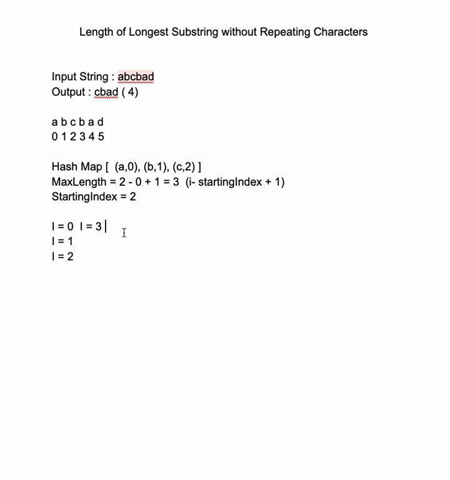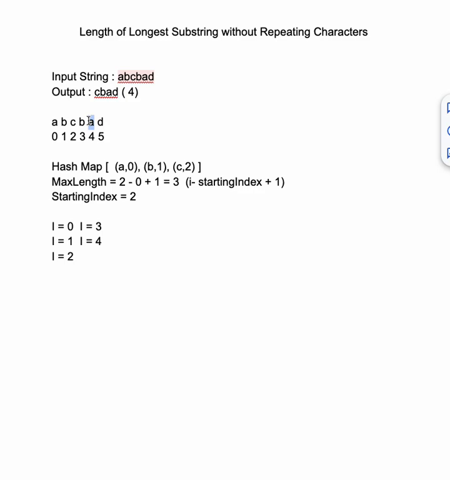So at I equal to 4, we already encountered the character A, and the value of the character A is 0, like the index at which it occurred is 0. But observe carefully here, we need to find the length of the longest substring ending at I equal to 4.